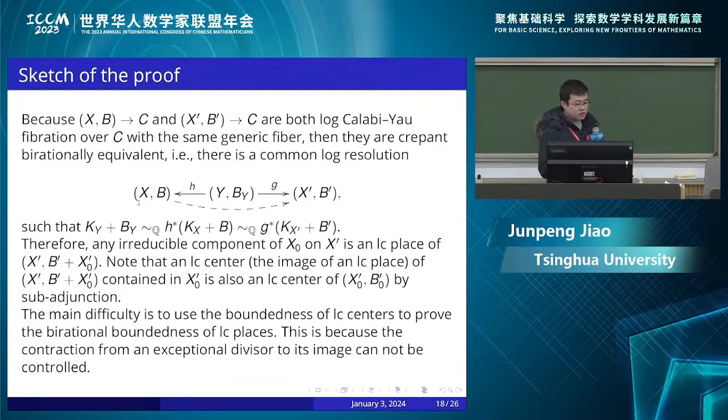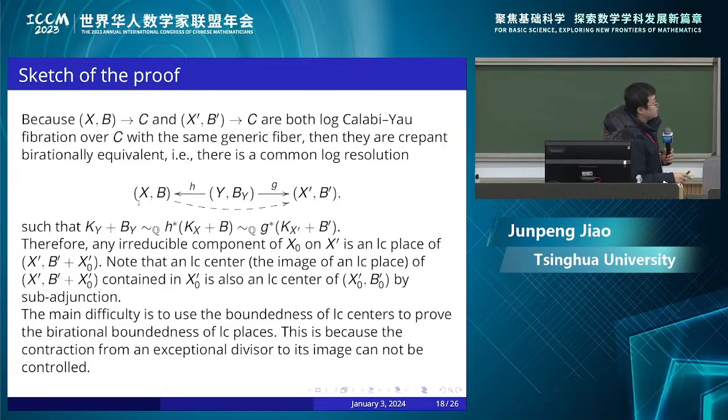So therefore, any irreducible component of this X_0 on X' is an LC place of this (X', B' plus X_0'), because they are crepant birationally equivalent. After pulling back to Y, their coefficients will be the same, equal to 1. Note that an LC center of (X', B', X_0') is contained in the central fiber.